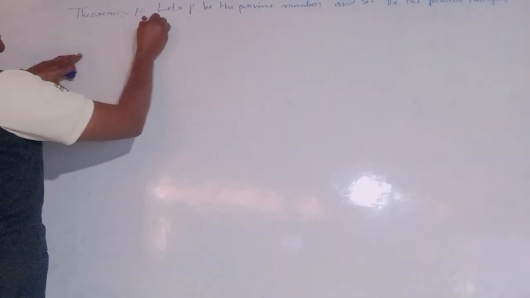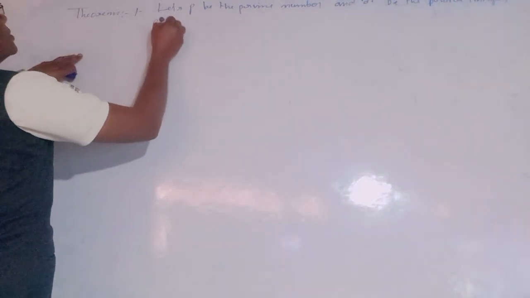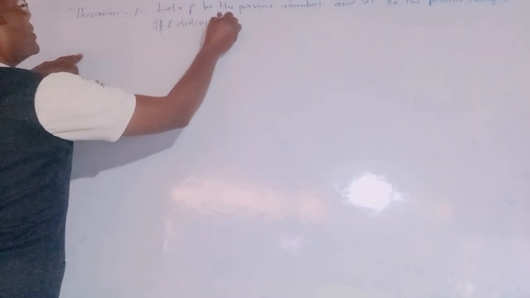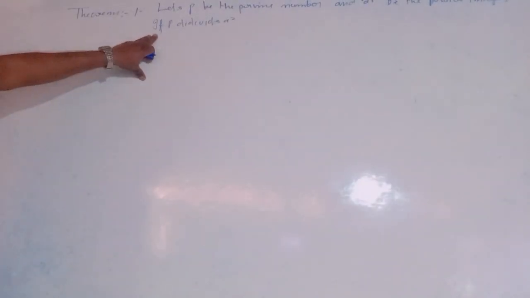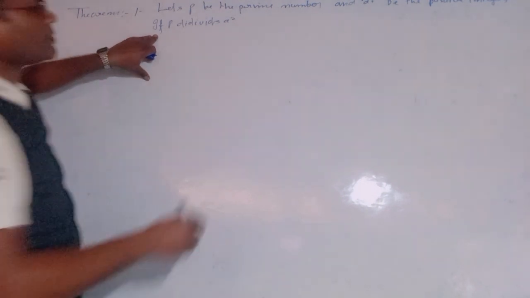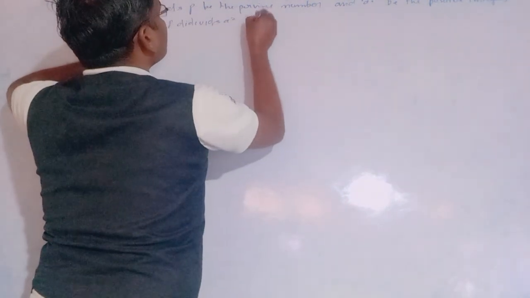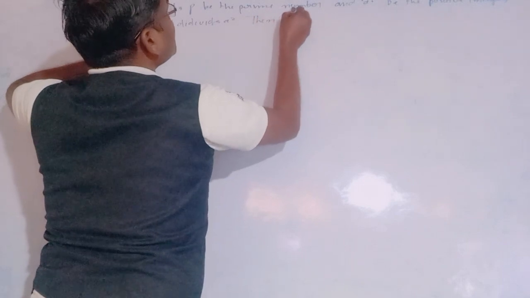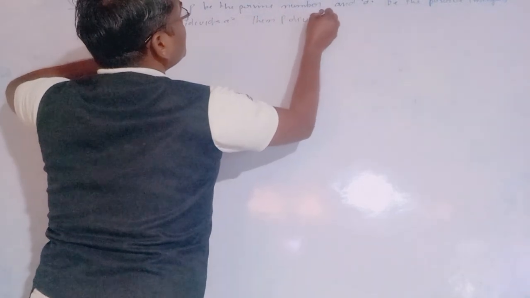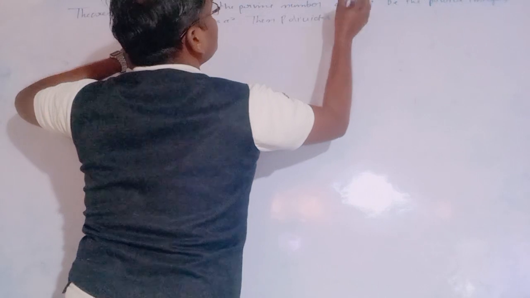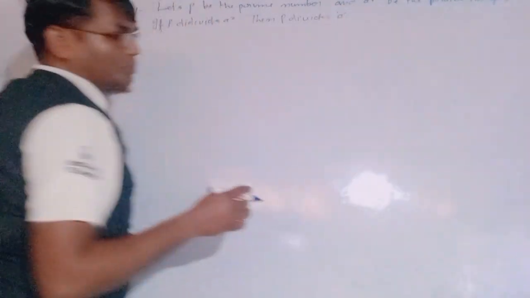If p divides a square, then p divides a. So p divides a.